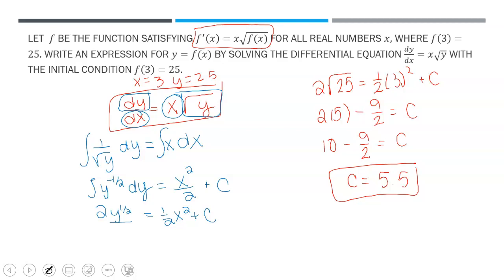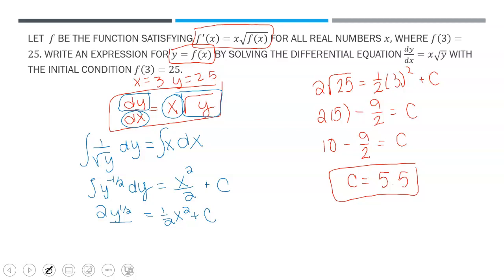It asks you to write an expression for f of x, or y equals. So at this point in time, we have not solved or gotten to that point. I found my c value, yes, but I did not write my expression or solve for y.